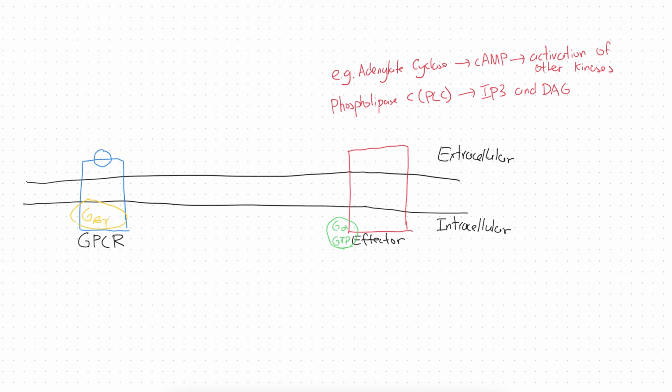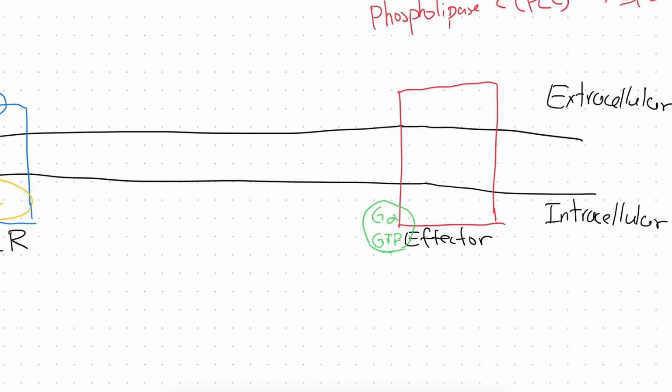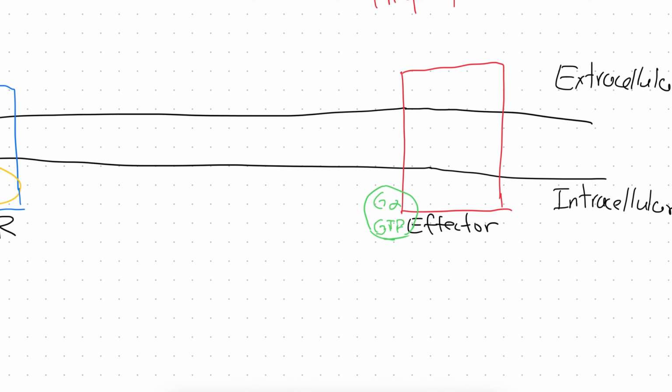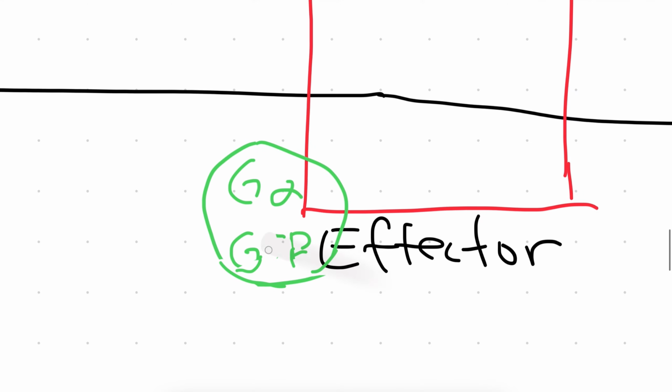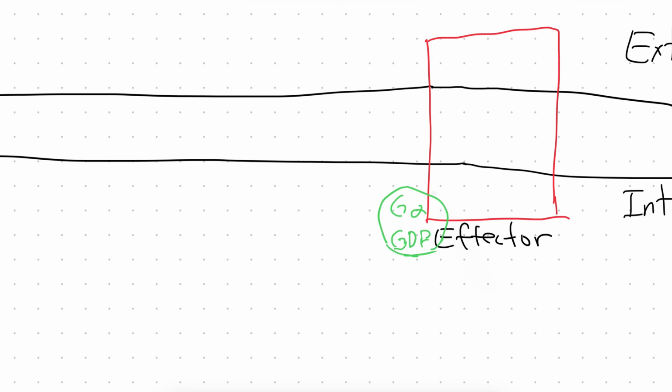So let me just show what happened. We have this G alpha GTP over here, and now this is being hydrolyzed. So this is a GDP now, and it's going to detach from here.